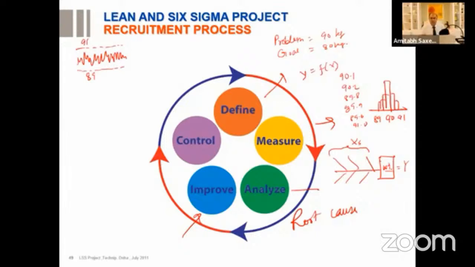What are the X factors? What is influencing my weight? It could be portion I eat. You can list down. What could be the X factors? What are the factors which are influencing my weight? So let me see what you're writing. So something could be like portion of the food, my diet, type of diet, then time of food, then type of food, then exercises, then it could be sleep, and so on and so forth.